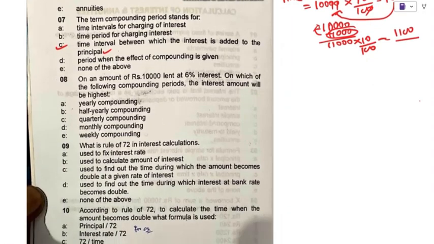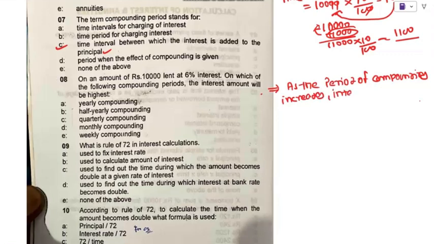Now, question number 8. On an amount of 10,000 lent at 6% interest, on which of the following compounding periods will the interest amount be higher? So, you have to understand the concept that as the frequency of compounding increases, the interest amount will be the highest.